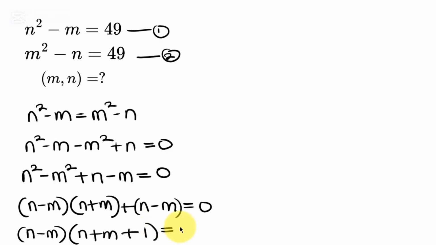And this is equal to 0. So we have two factors, which multiply to give 0. That means either one of them must be 0. So it is either n minus m is equal to 0 or n plus m plus 1 is equal to 0.